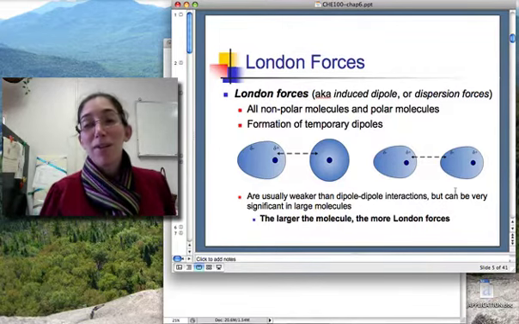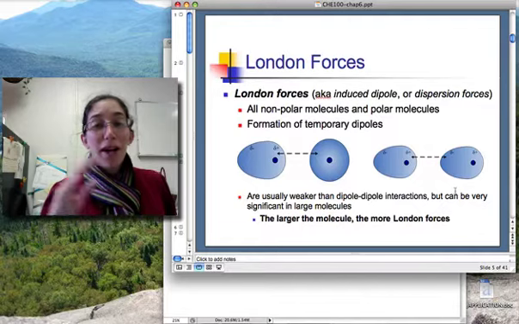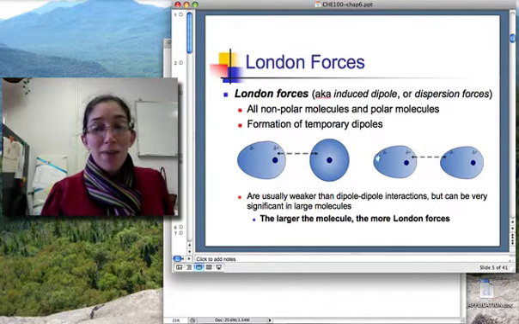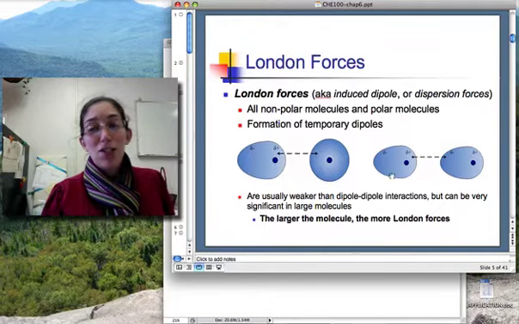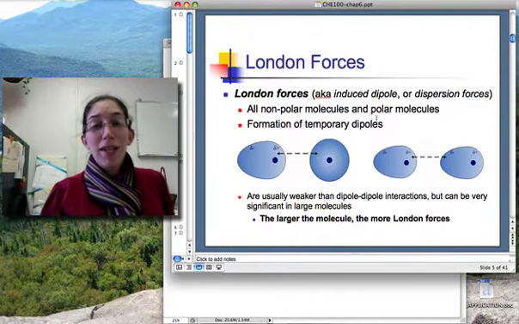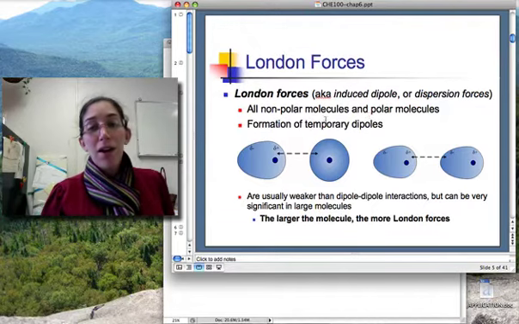Even if it's nonpolar, even if it's just a bunch of carbons and hydrogens and there's no dipoles on the molecule, each of those carbons and hydrogens are atoms that look like this, I suppose, and can be converted to a situation like this. So who can experience London forces in terms of the molecular world? All nonpolar molecules and all polar molecules.